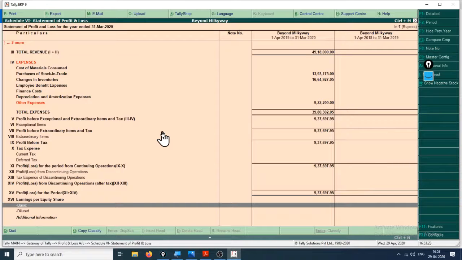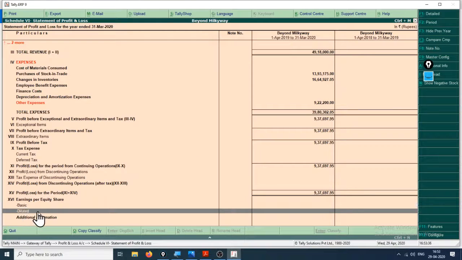Suppose there are 1 lakh equity shareholders of Beyond Milky Way, then 9,37,000 should be divided by 1 lakh, which comes to 9.37 rupees. So every shareholder has earned a profit of 9.37 rupees per share.